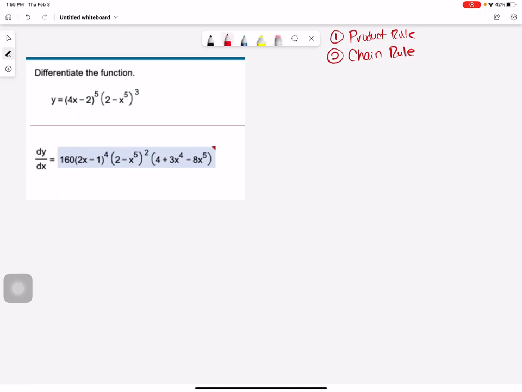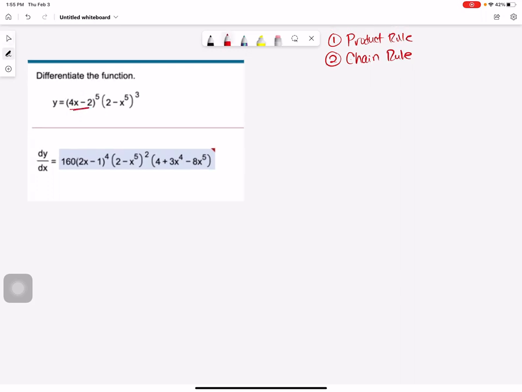So let's jump in. To find the derivative, it's going to be the first one times the derivative of the second. So y prime is equal to the first times the derivative of the second, which is bring that 3 out front, leave the inside the same, subtract 1 from that exponent, and then multiply times the derivative of the inside of that expression.